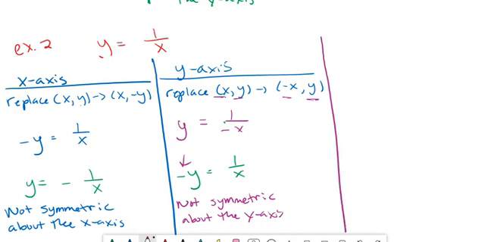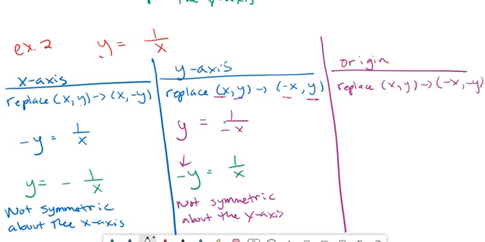All right, and then the last thing we're going to test for is symmetry about the origin. So again, you're telling me what type of symmetry you are testing for, and then telling me your directions. So in this case, it's replace x comma y, x comma y, and you're going to replace it with negative x comma negative y.